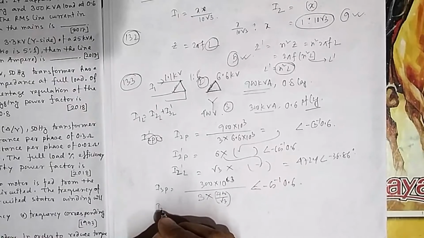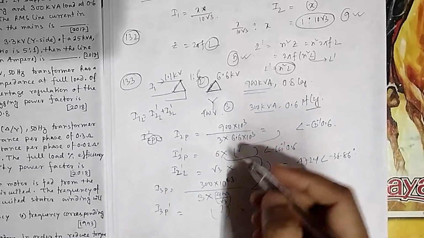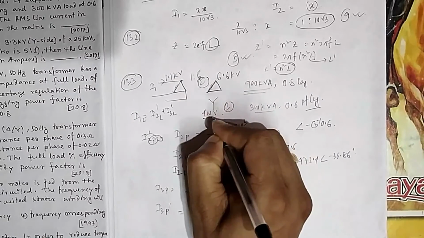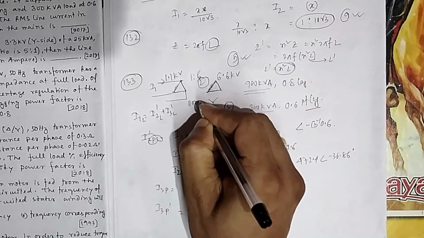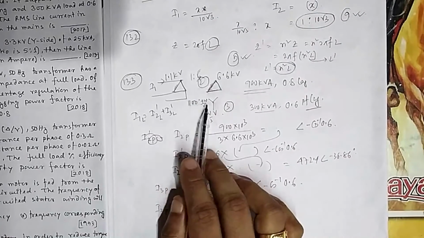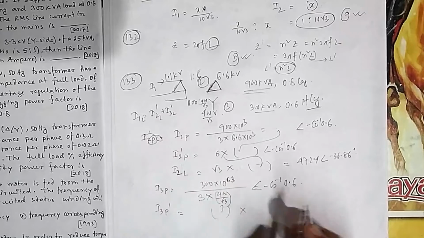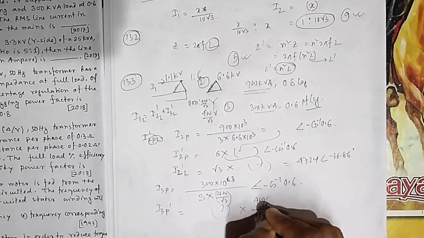So what will be your V3P dash, this one multiplied by the turn ratio. Again, what is the turn ratio here? Here it is 1100 is to 400 by root 3. If you are going from this side to this side, voltage is increasing, so current should reduce. So you divide it by more, multiply it by less.